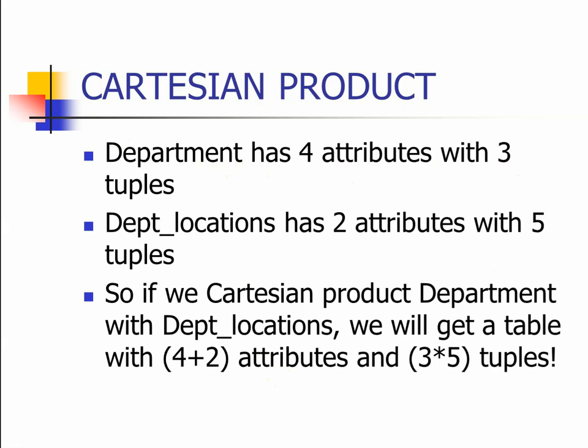If we try to do a Cartesian product between the 2 tables, department and department locations, first of all, how many attributes will the new table have? The new table will have 4 plus 2 attributes. And how many tuples are created if we Cartesian product these 2 tables together? We will end up with 3 multiplied by 5, which is equal to 15 tuples.